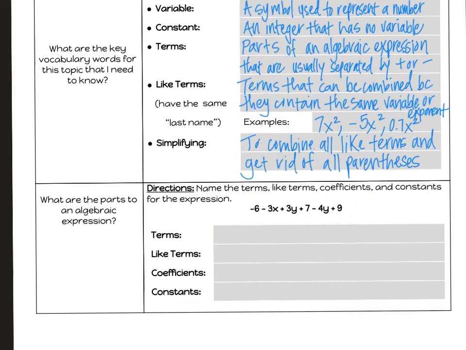All right, so now since we know those terms, we're going to put them to use by looking at an expression and identifying those terms that we used in the first section. So the terms within this expression, I'm going to separate them by using commas. So we have a -6, we have a -3x.